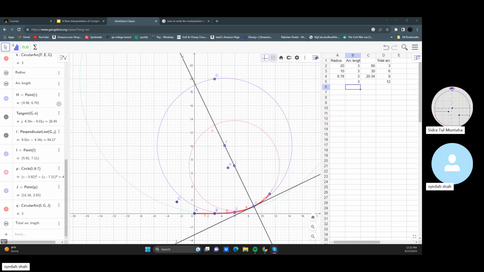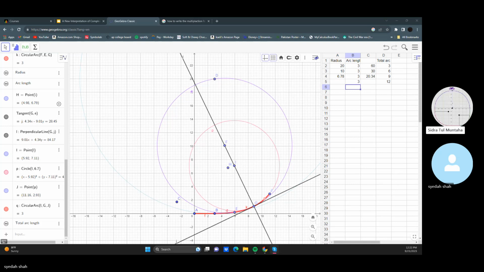Right. Now for the next circle, 6, yes, 60 divided by 6. And for the fourth circle, it was 60 divided by 9. So for this circle, it would be 60 divided by 12.